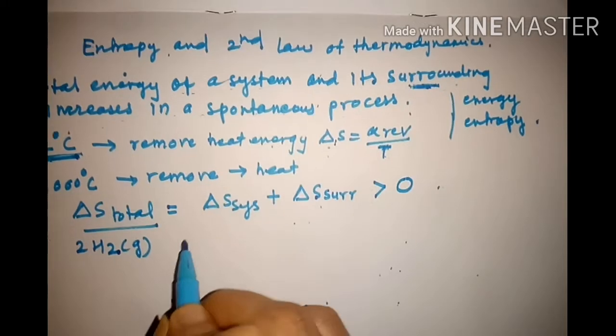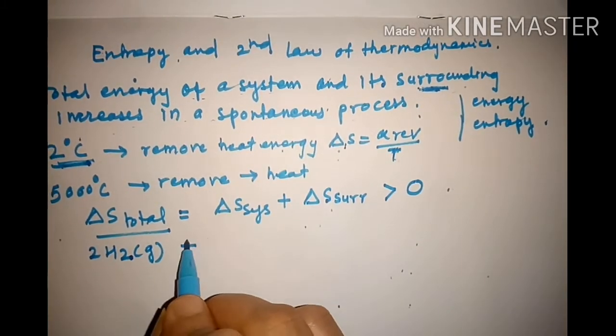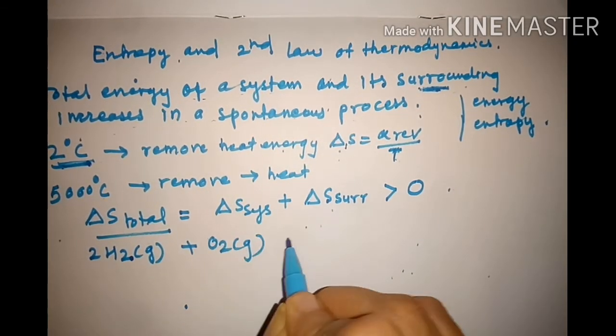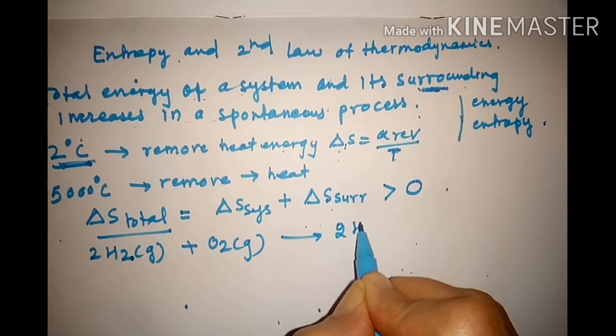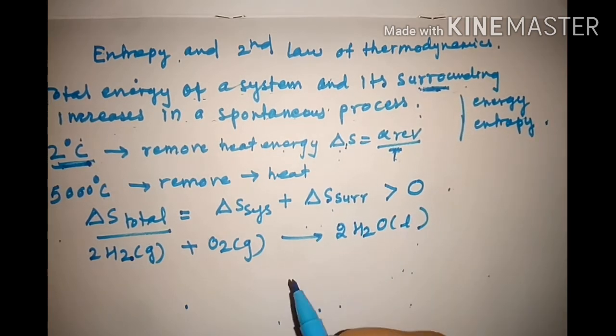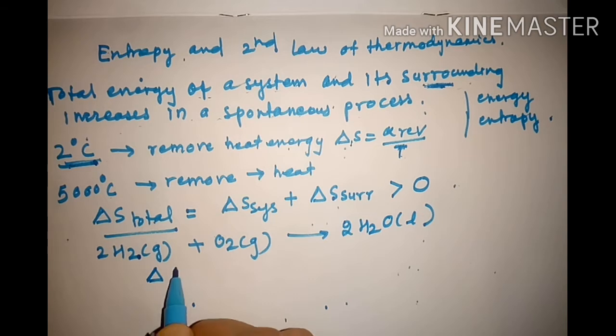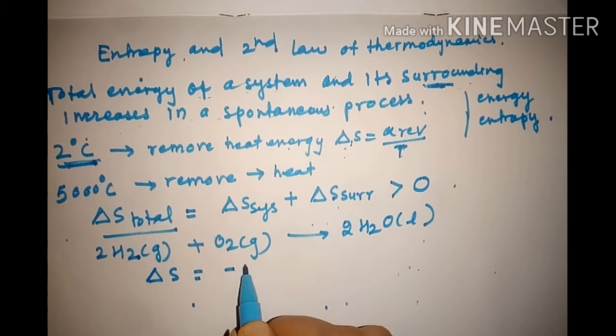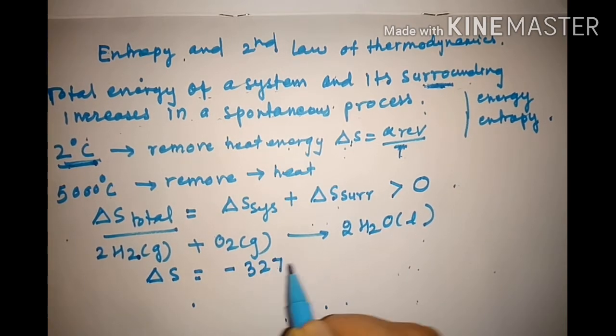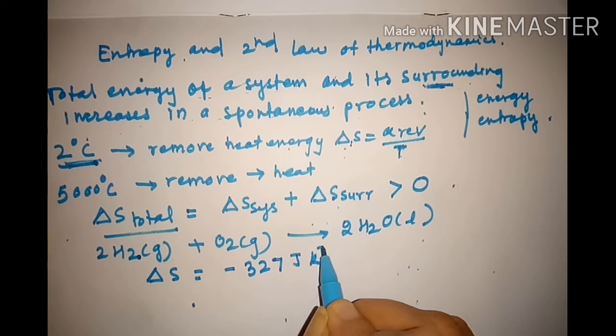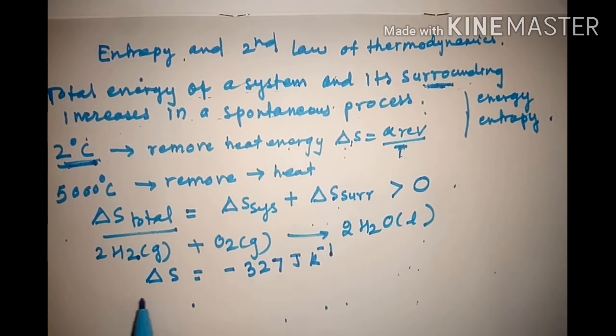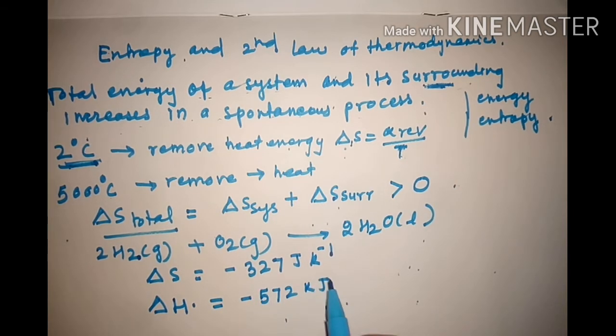2 H2 in gaseous form reacts with oxygen in gaseous form to form 2 H2O in liquid form. So delta S for this is minus 327 joules per Kelvin, and another value we have is delta H equals minus 572 kilojoules.